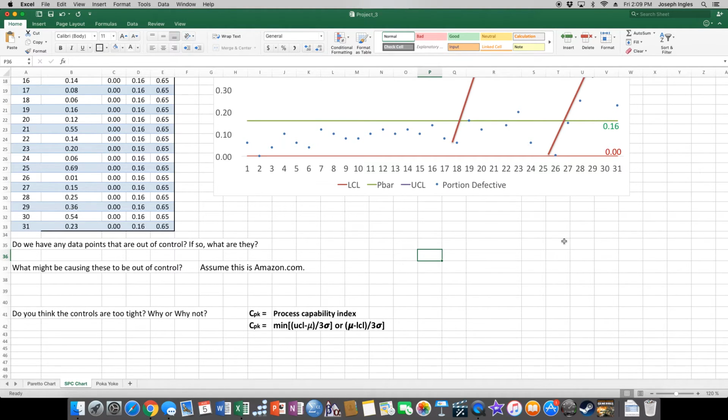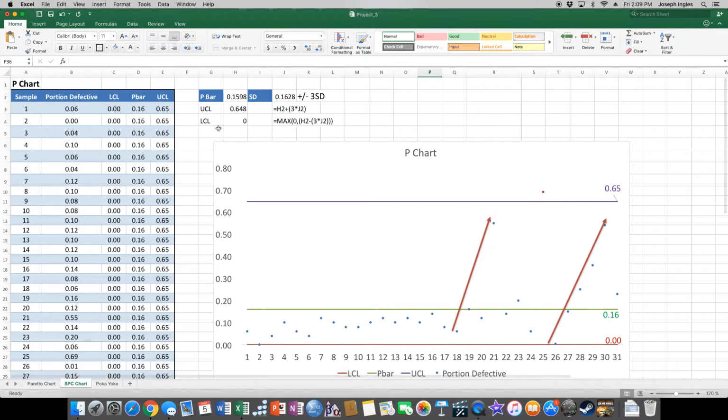All right. And finally, what we want to do is look at the Process Capability Index. The Process Capability Index that we're going to use is called the CPK Index. Now, we use the CPK Index because us changing the portion defective to get the LCL number to reflect the 0 means that we now cannot assume that it's normally distributed.